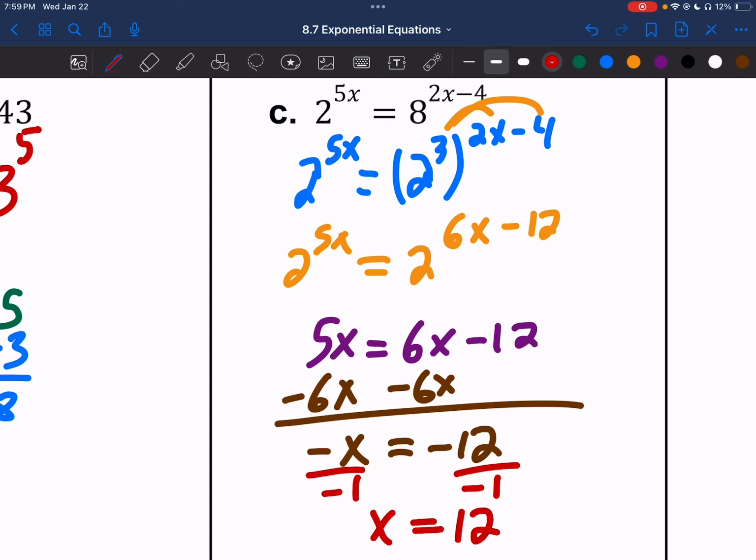And if you go back and you do the work, 5 times 12, raise 2 to that power, you can do that. 8 to the 2 times 12 minus 4, so 2 times 12 is 24, minus 4 is 20, 8 to the 20th power, and 2 to the 60th power, and you will get the same values.